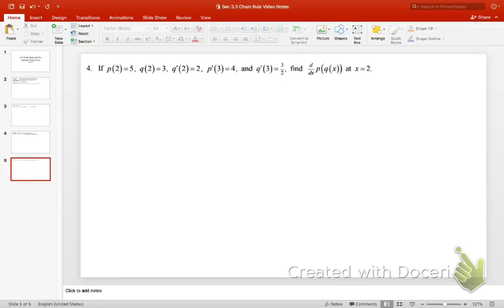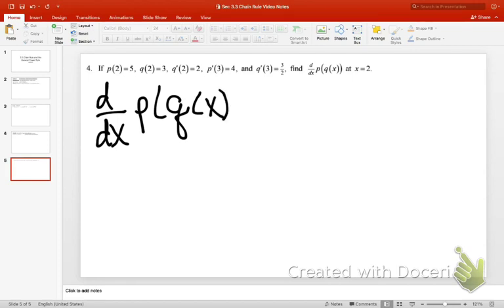So let's do this derivative in general, and then we'll apply all of these function values that are given to us. So the derivative of P of Q of x.